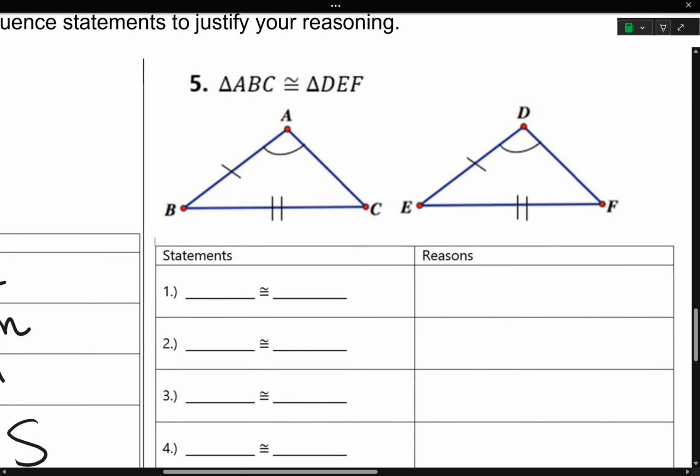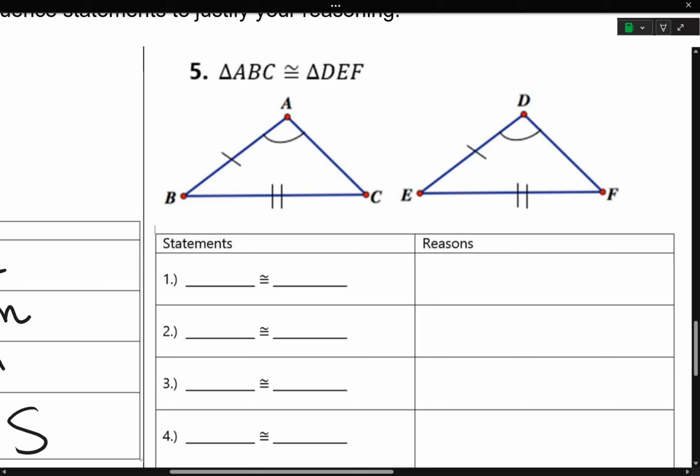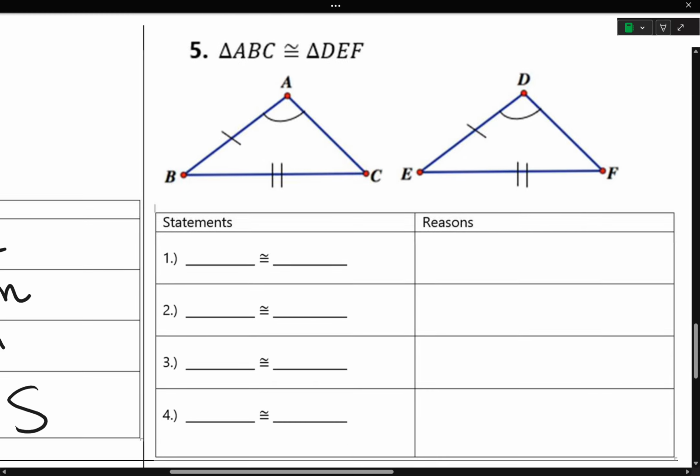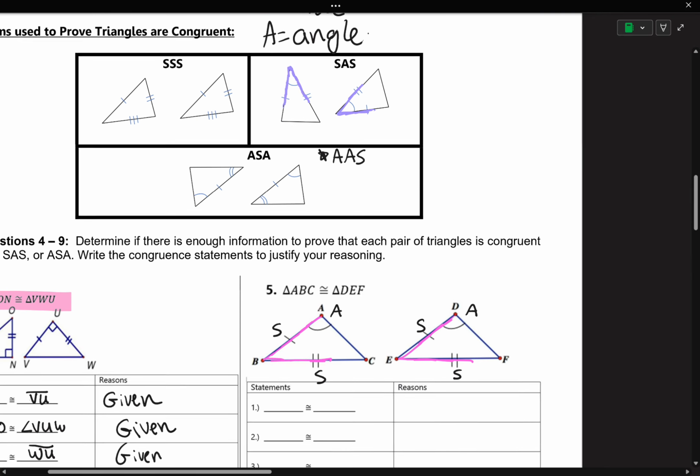Number 5 states that ABC is congruent to triangle DEF. Let's see what they've got. Well, they've each got a single tick side, a double tick side, and an angle here. It looks like we have A and then S and then S. Unfortunately, this is not one of the 3 possibilities.